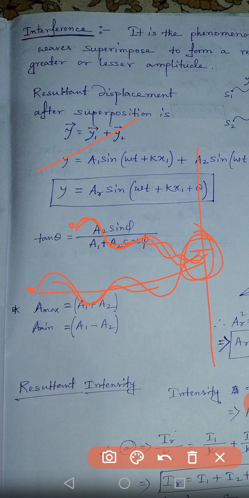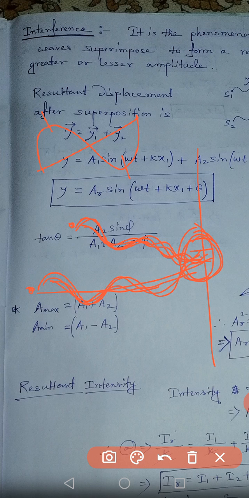Why does this happen? Because one is traveling less distance and the other more distance, their distances are not equal, and that is why they will have a phase difference. Suppose one reaches this point by its third crest; the other may reach it by its fourth crest or maybe fourth trough.